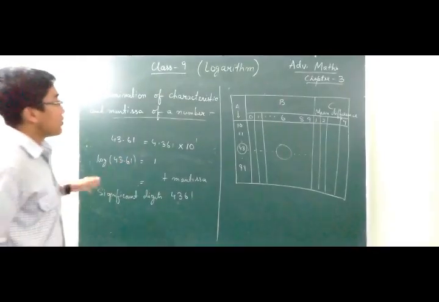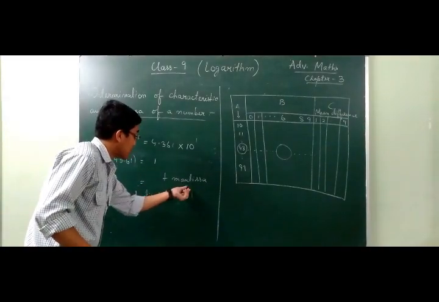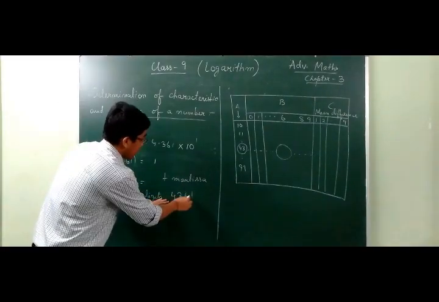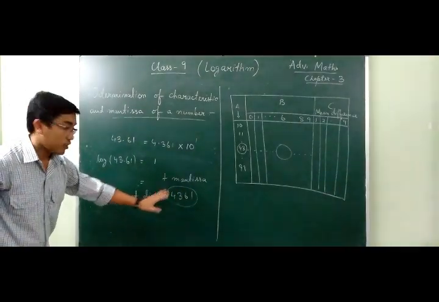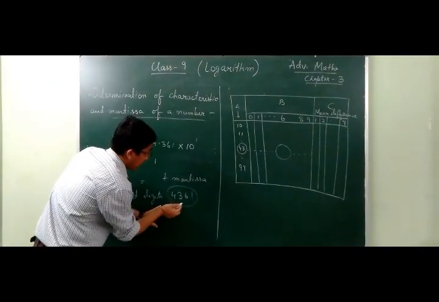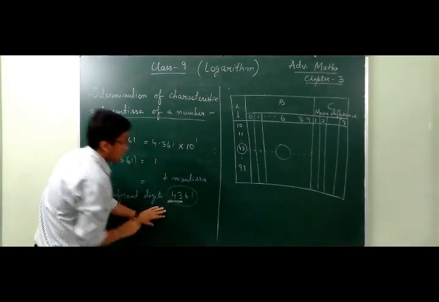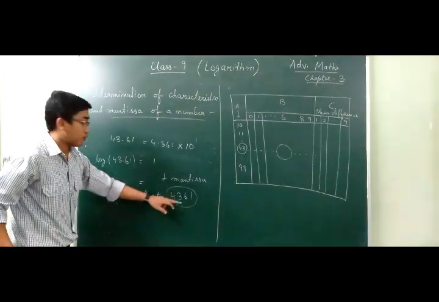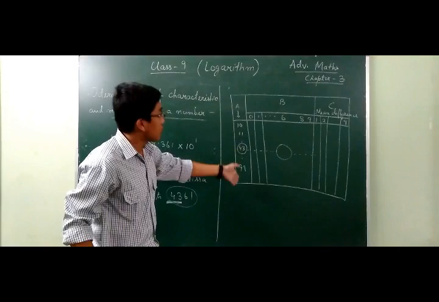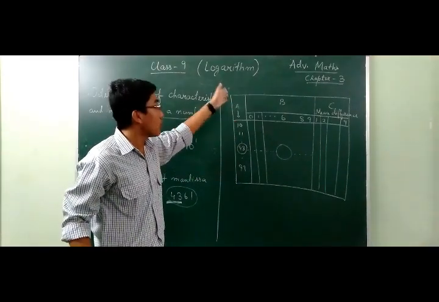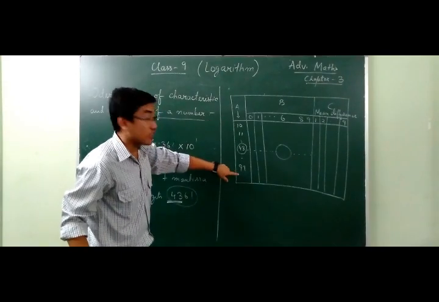Now how to find the mantissa of this? We first find the significant digits, which we have found out. Now we take the first two digits, that is 43, and we check in the first column of your log table. In your log table there will be 10, 11 up to 99.